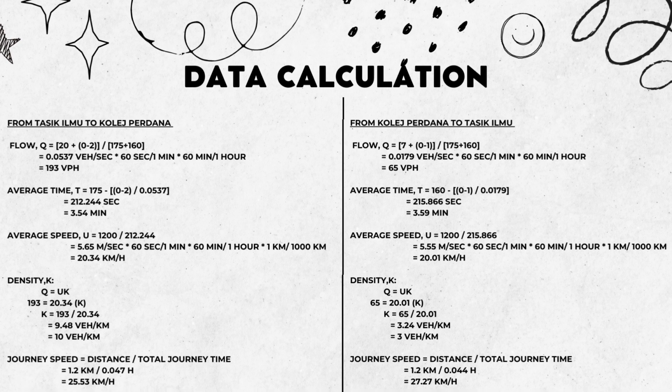On the right side is from College Perdana to Tasik Ilmu. The Q we got is 65 vehicles per hour. Average time is 3.59 minutes. Average speed is 20.01 km per hour. The density is 3 vehicles per kilometer. Journey speed is 27.27 km per hour.